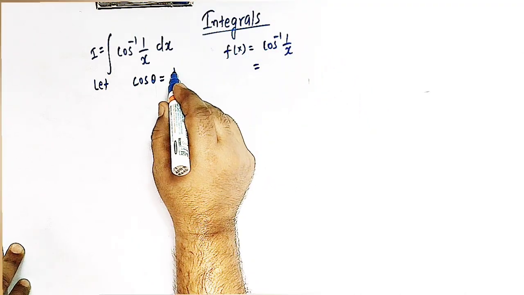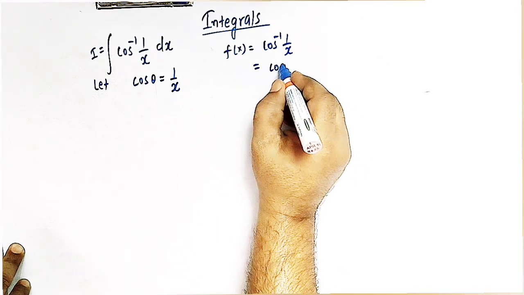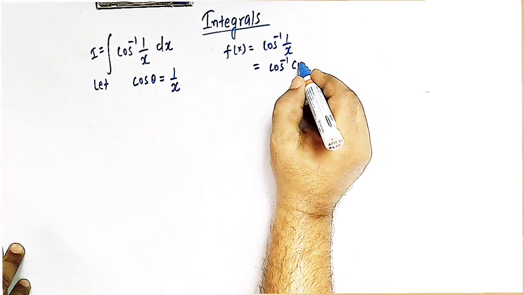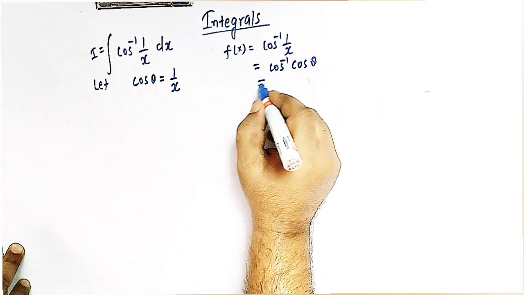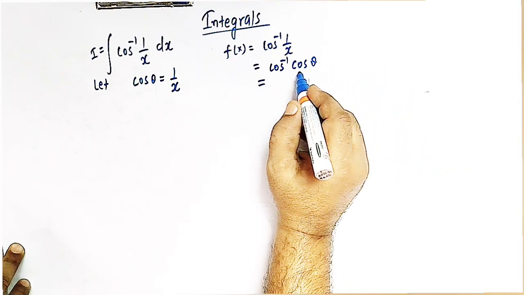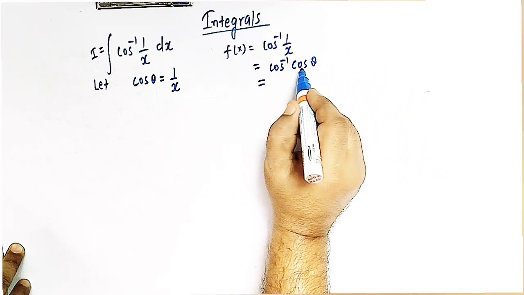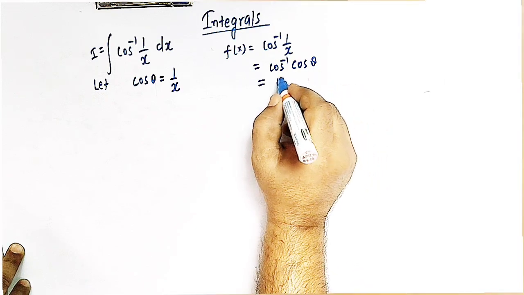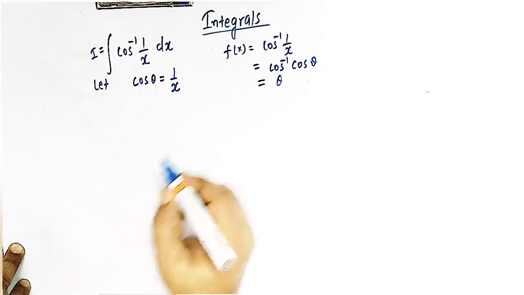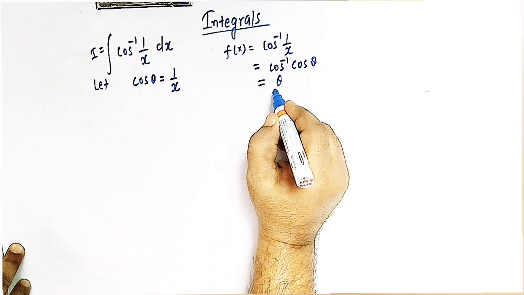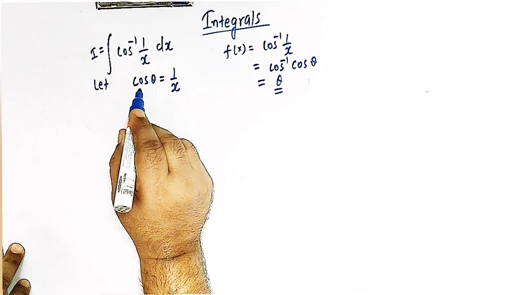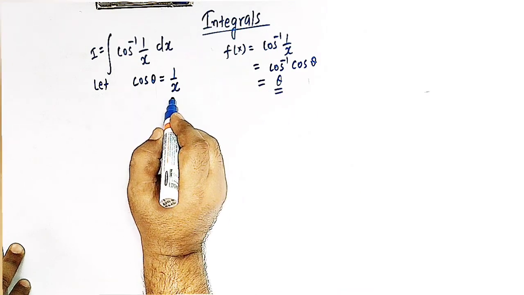Now when we take 1 over x as cos theta, we have cos inverse of cosine theta, and from the inverse trigonometric functions we can write cos inverse cos theta is equal to theta. So f of x is equal to theta, where cosine theta is equal to 1 over x.